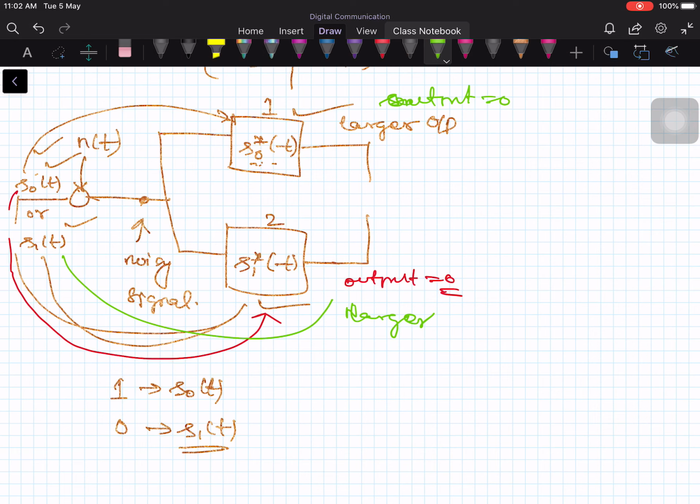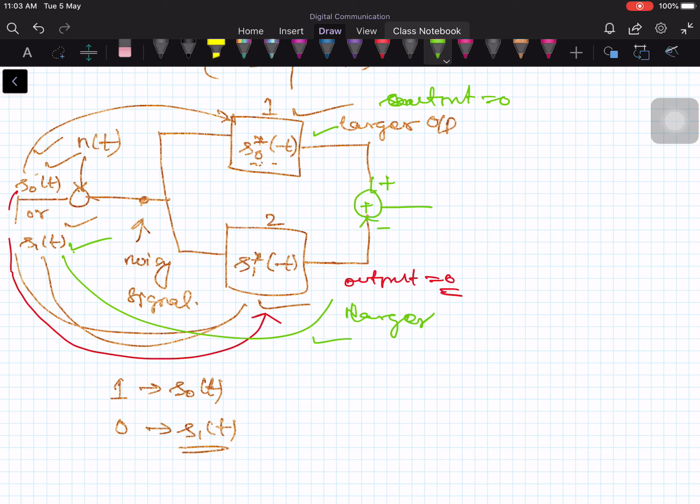So if s0 of t is transmitted, the top matched filter will produce larger output. If s1 of t is transmitted, the lower matched filter will produce larger output. And we just subtract the two, depending on the polarity; this is positive and this is negative.